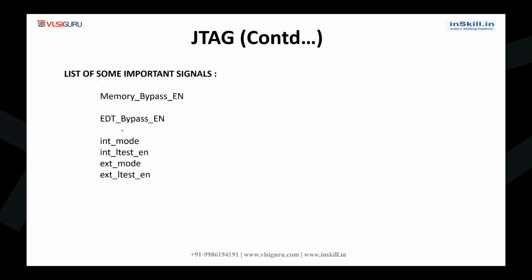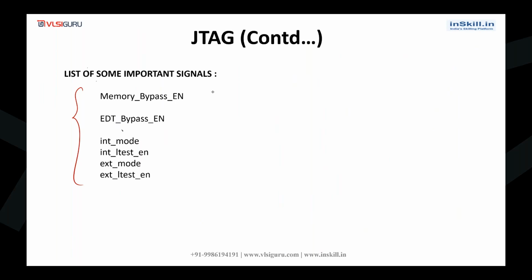So here, I've kept a list of some important signals, like memory bypass enable, EDT bypass enable, int mode, ext mode, internal test enable, external test enable. These are a list of some important signals. There will be many more signals like these.